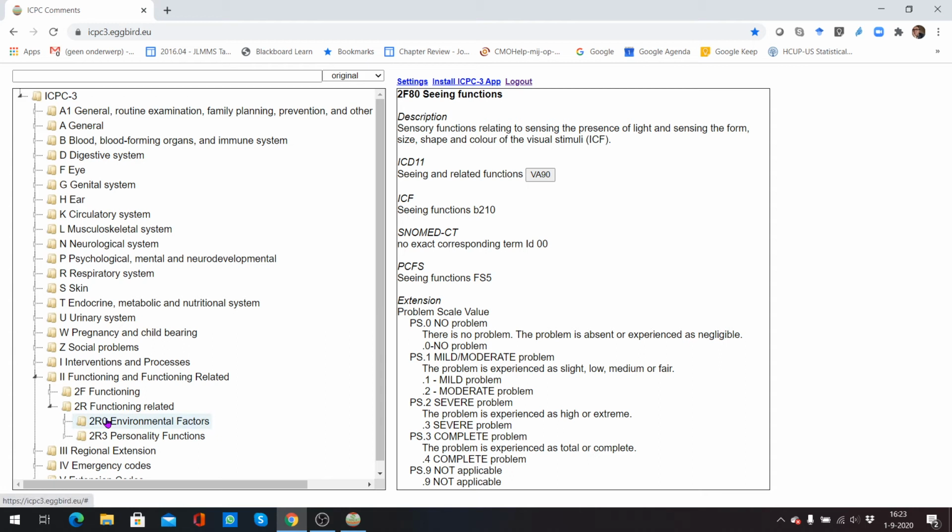Functioning related factors describe the context in which the functioning takes place and how or with which support the function is performed. They consist of the environmental factors in which the person lives, the things outside the person. These are the classes 2R.